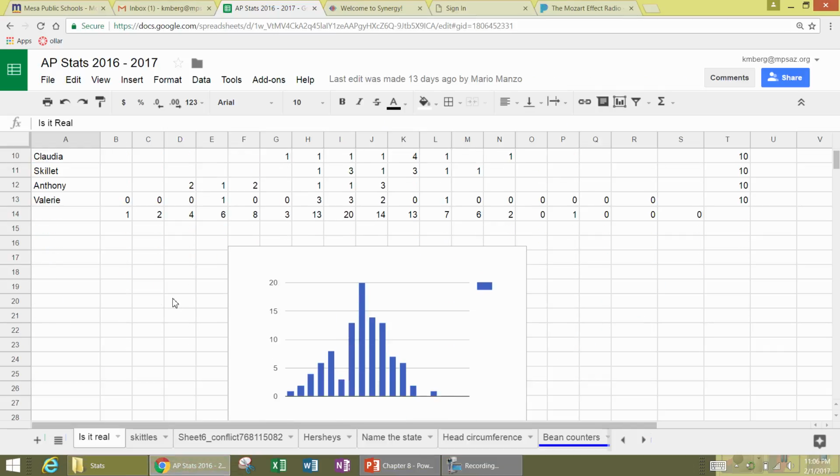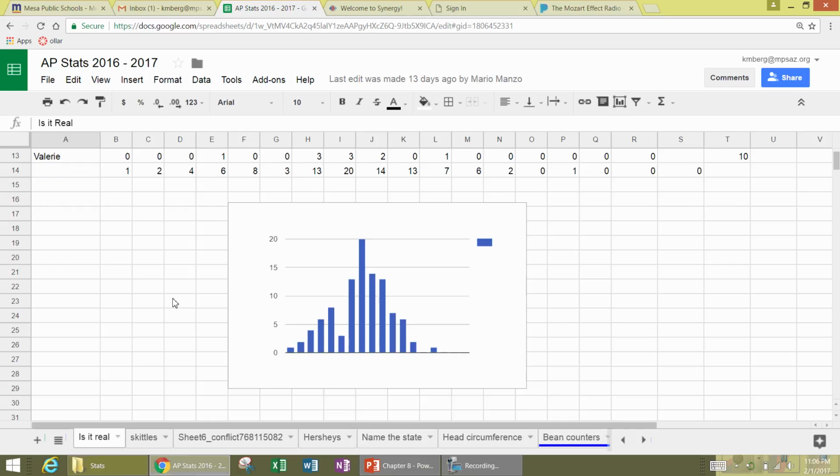So I believe just last week or something we had a activity trying to determine if flipping the coins and counting the number of times it landed on heads was going to be a normal distribution, to try to figure out who was telling the truth and not telling the truth.